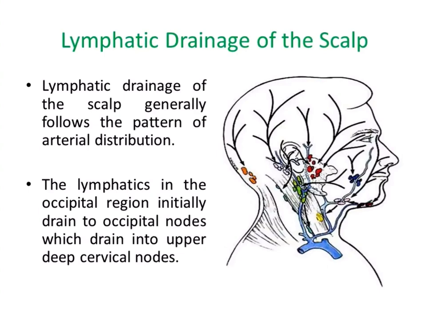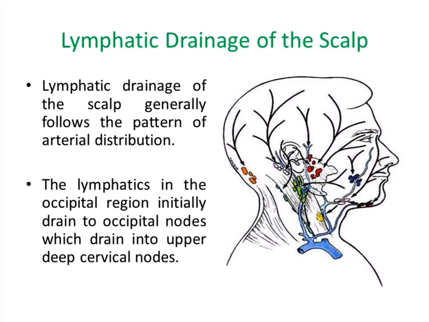Lymphatic drainage of the scalp. This is very important, and useful to know, and it is how we examine for lymphatic drainage of the scalp. Lymphatic drainage of the scalp generally follows the pattern of the arterial distribution.